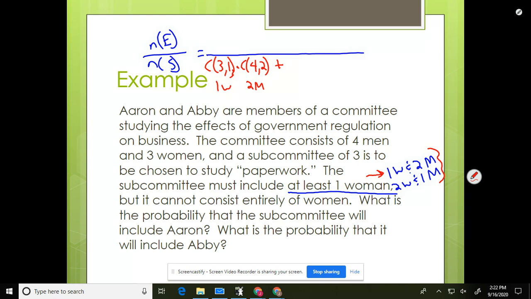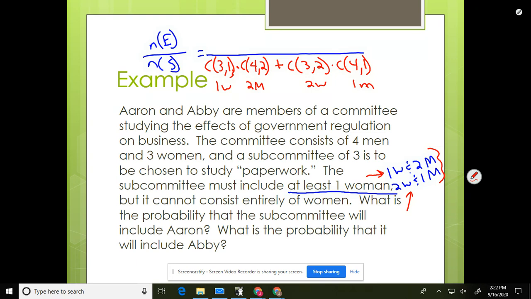And then the other option is the 2 women, 1 man. So I have 3 women, choose 2 of them, times 4 men, choose 1 of them. 2 women, 1 man. That's my denominator. Those are all the ways we can make selections.